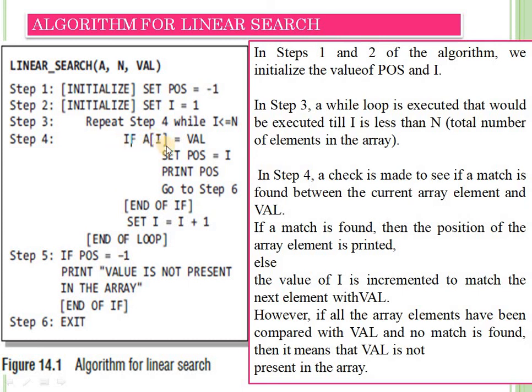Okay, done. First we check if our target element value is equal to A of I. If it is equal, it means we found the element. Then the position where we found val, we set to POS, that is position, and we display the position and go to step 6, that is exit.